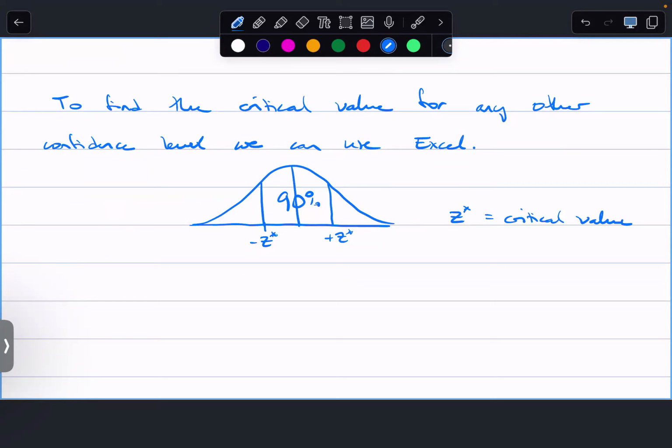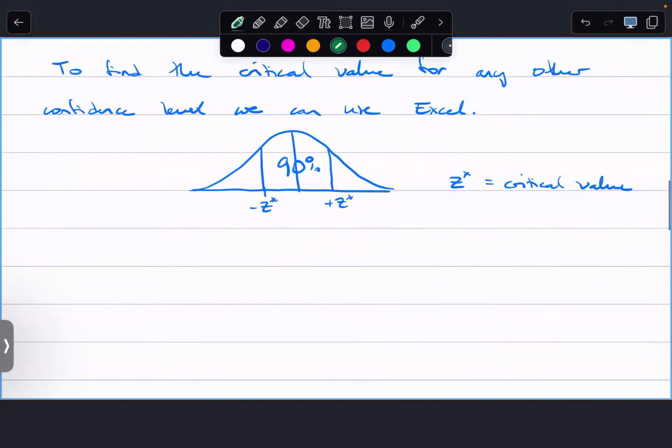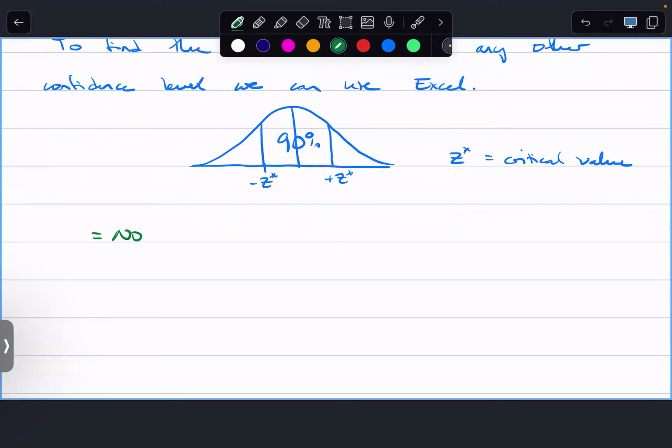So what would you have to do? You'd have to remember that I have the NORM.S.INV command, and I can give it the area to the left and it spits out the z that makes that happen. So I could use NORM.S.INV of, and I can't remember if it takes another argument.